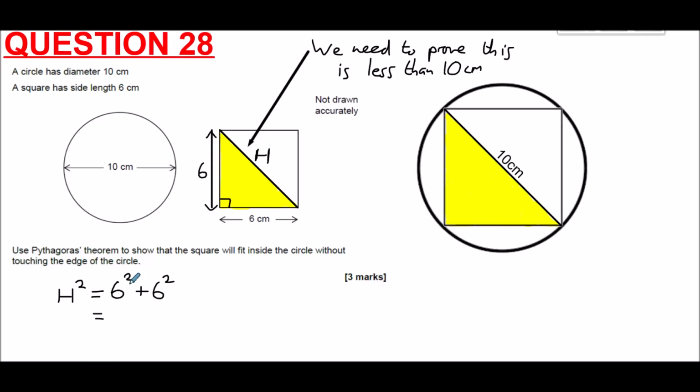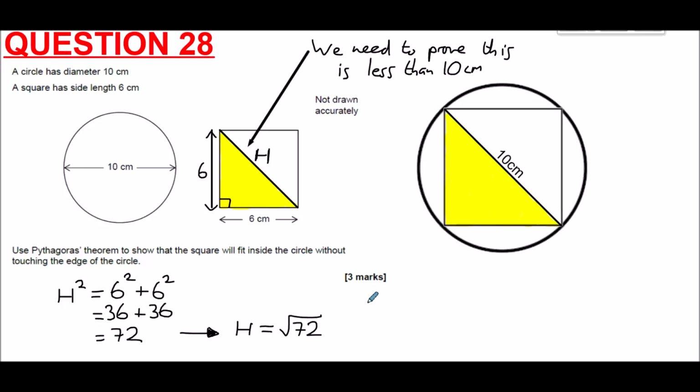Now 6 squared means 6 times 6, which is 36. So that'll be 36 as well. And 36 plus 36 equals 72. And you should know that the final step for Pythagoras is to take the square root of something. So to find the length of that, you'd have to do the square root of 72.